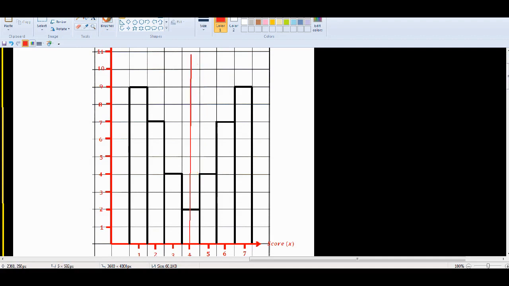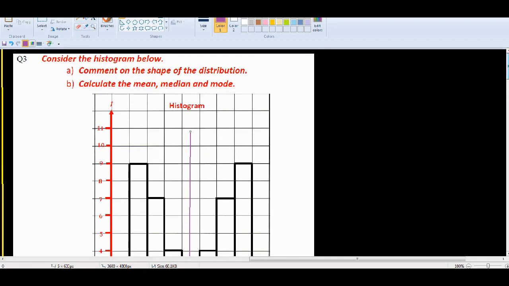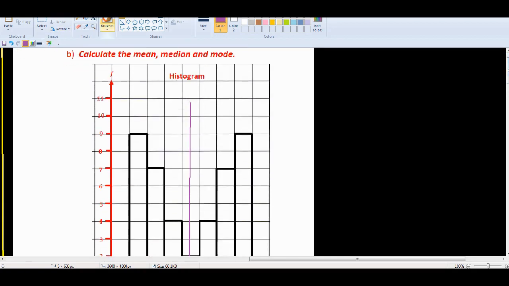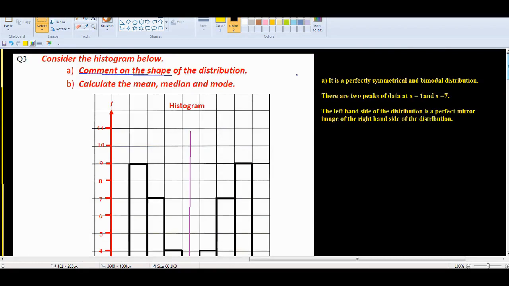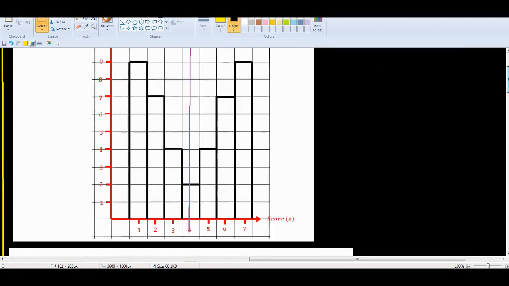When you draw a vertical line down to the center of the data, the left hand side and right hand side are just identical. So when you say the shape, you can just comment. For part B, let's see.